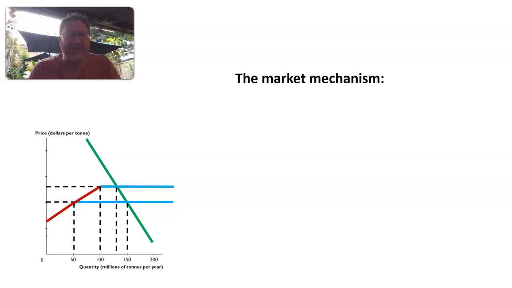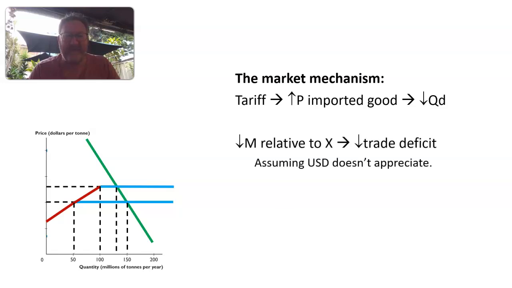So the market mechanism here would be along the following lines. A tariff is imposed which increases the price of imported goods into the United States. Now, according to the law of demand, when the price of a good goes up, the quantity demanded will fall to some extent or other. The immediate effect of that is to reduce the amount of imports being purchased within the United States.